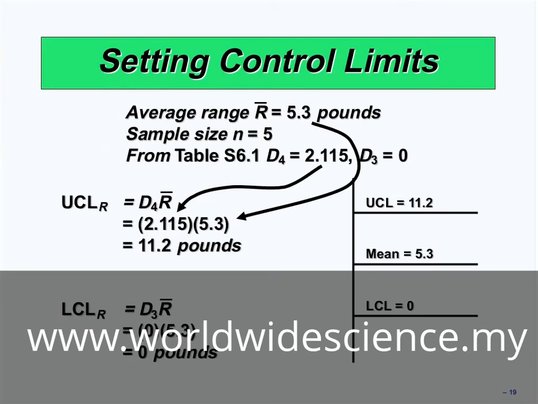D4 from the table was 2.115, multiply 5.3, that is R bar, gives you 11.2. D3 was 0, so LCL is 0. LCL is on the horizontal axis.